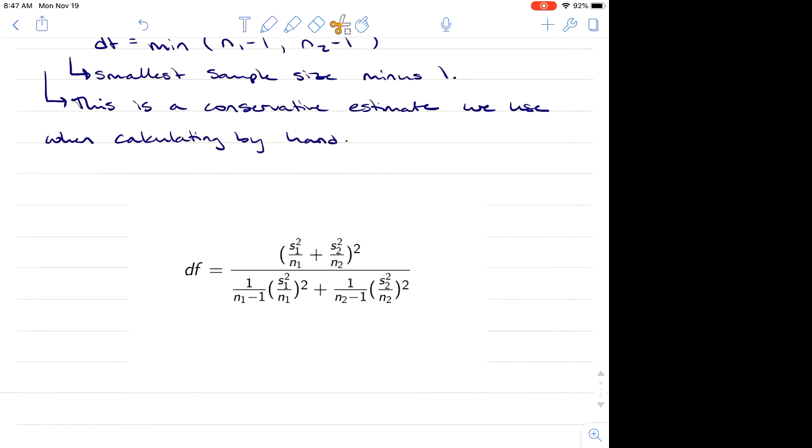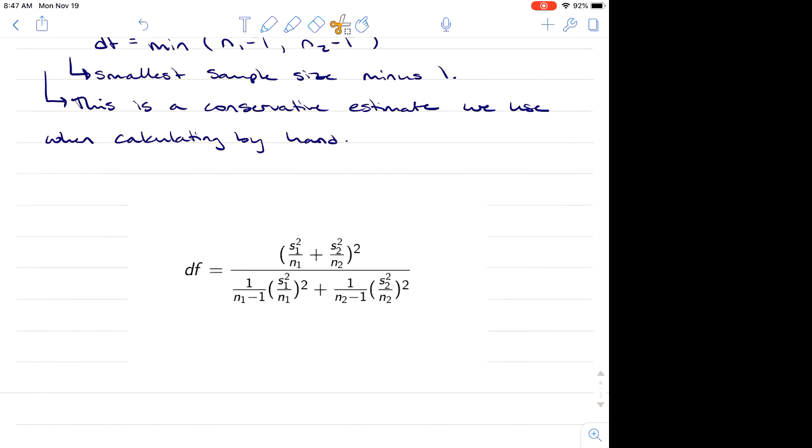You could go ahead and just calculate that. That's no biggie, we're all capable. S1 squared over n1 plus S2 squared over n2, all squared, all over the other term. But who cares? We're just going to use the smallest sample size minus 1 as our degrees of freedom.